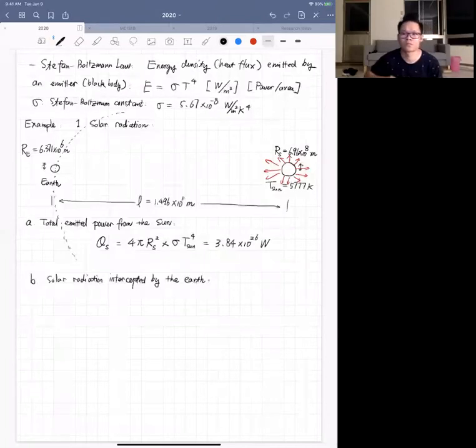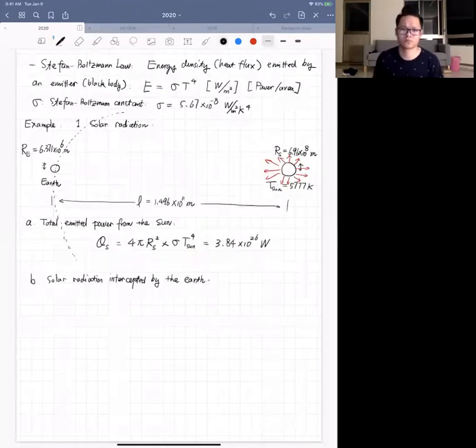So we have this total amount of energy being emitted from the Sun. When it arrives on Earth, we can think of this amount of energy as having been diluted by the large surface area of a huge spherical shell surrounding the Sun, whose radius is the distance between the Earth and the Sun.